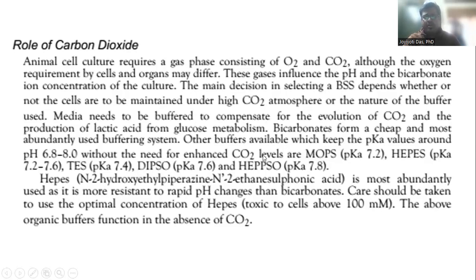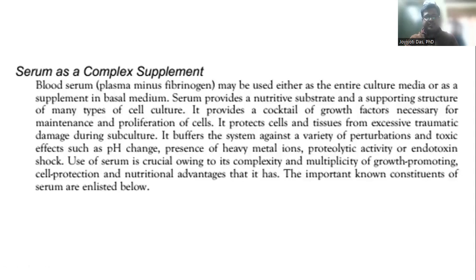But in certain cases, you can avoid the use of exogenous carbon dioxide gas by instead using HEPES. HEPES stands for N-2-hydroxyethylpiperazine-N'-2-ethanesulfonic acid, and it has been used to maintain a pH of 7.4 in cell culture media. So what do you use as a supplement?